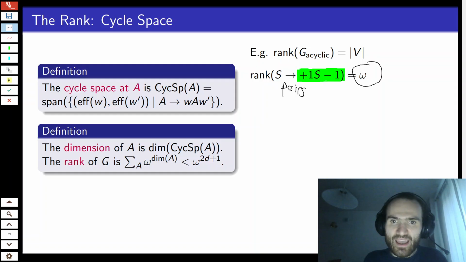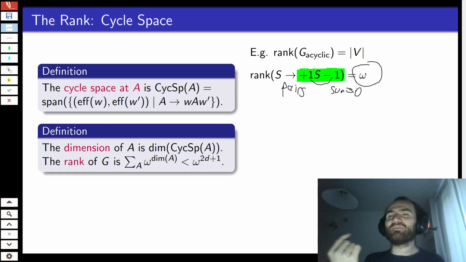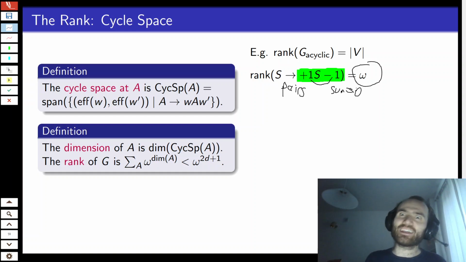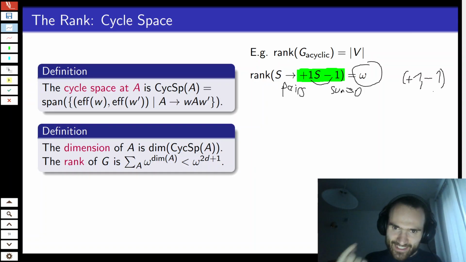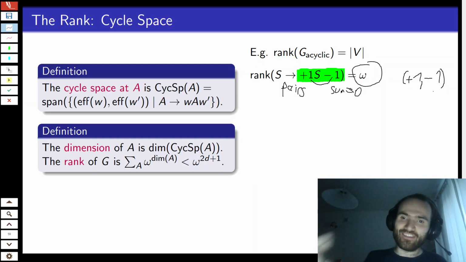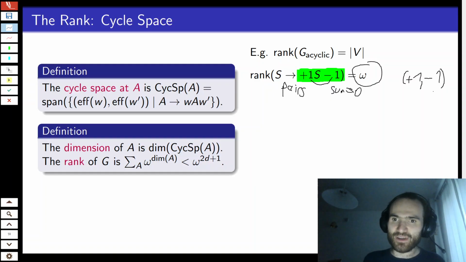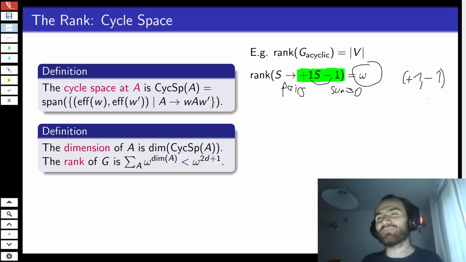Considering pairs means that even though here the sum equals 0, this still has dimension 1 because you're in the pair vector space. This is still the vector space generated by +1, -1. This is not the vector space generated by the sum of effects, which would be the 0 vector space. No, this is the vector space generated by the pair +1, -1. So this has dimension 1.